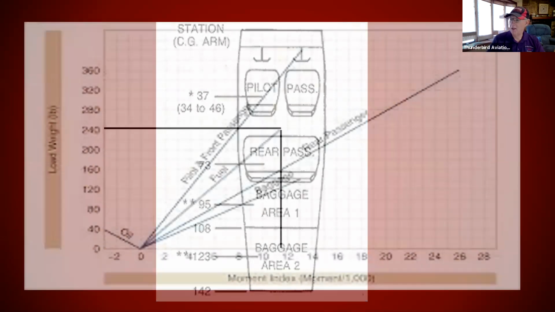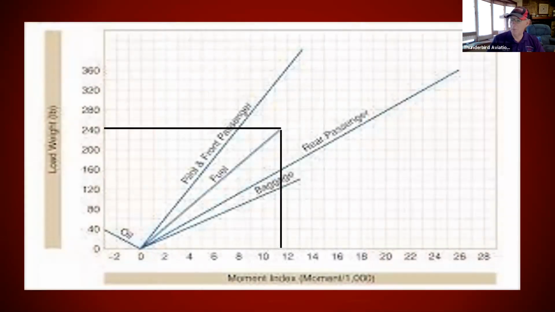So then you had to go back to the moment divided by 1,000 grid and figure out, okay, so if I had full tanks, what would the moment divided by 1,000 be? And then multiply that number, which would be 11.4 times 1,000, and then divide that moment by the weight of the fuel of 240, and come up with an arm of 47.5.